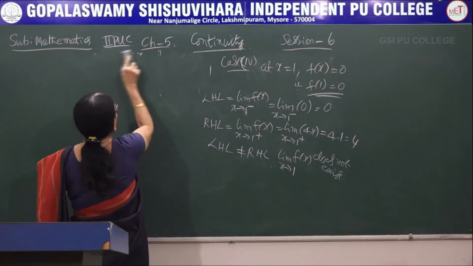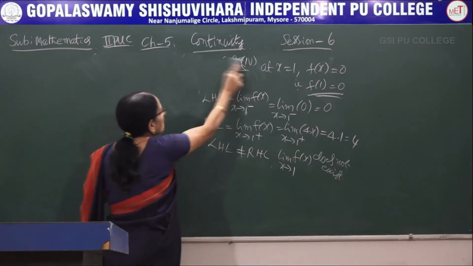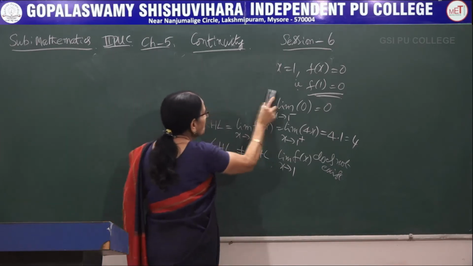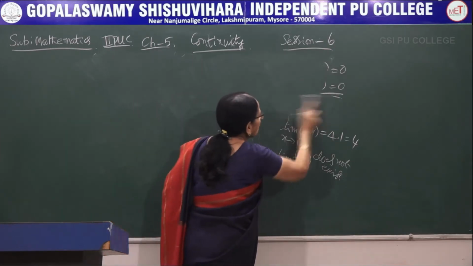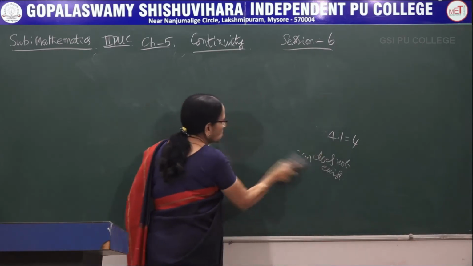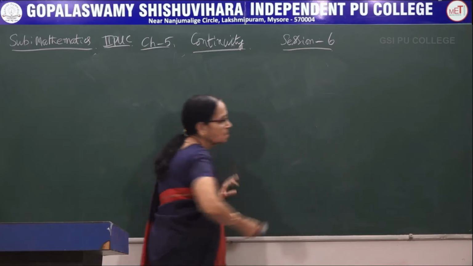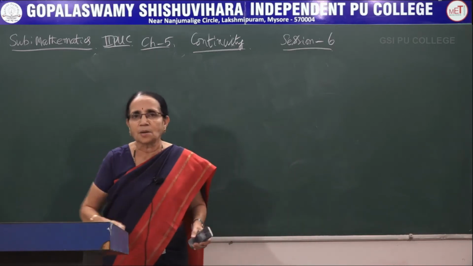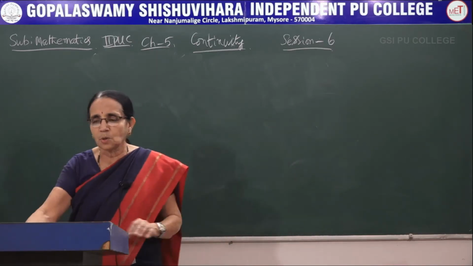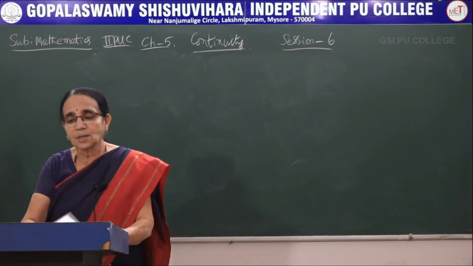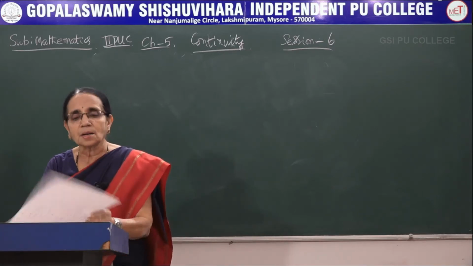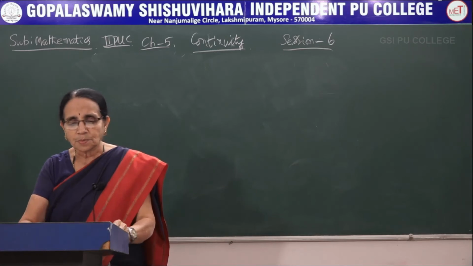So how do you write this? Because the question asked to discuss the continuity of the function, after each case you write the conclusion: the function is discontinuous at x equal to 1.